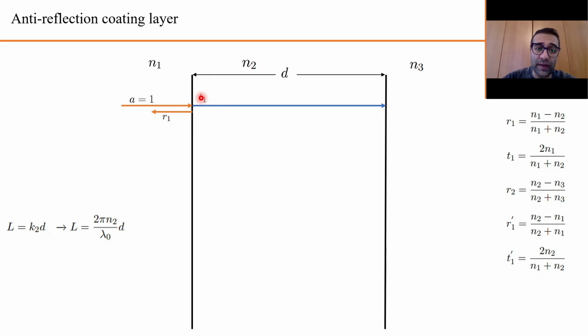We know that when light travels some distance, it acquires some phase. And this phase can be expressed in the form of exponential of iL. What is L? Indeed, L here I define to be the multiplication of wave vector k2 times this distance d. And we know that the wave vector is 2 pi divided by lambda in the same medium.